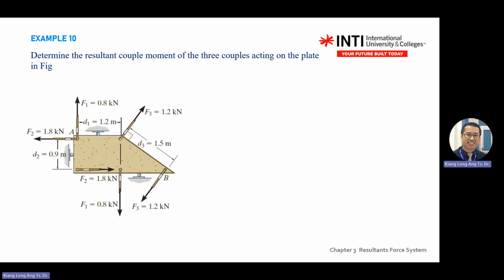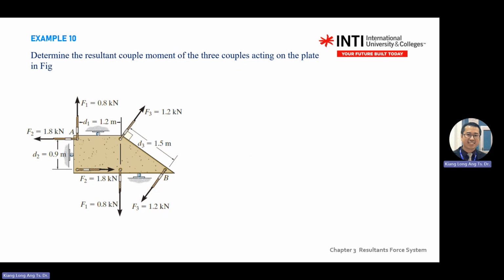The total resultant equals M1 of F1 here. So you take what? 0.8, must be the same magnitude, parallel, different direction of force. So 0.8 multiplied by 0.12, you get one set of moment. This one anticlockwise, this one clockwise, negative, plus F2, 0.8 multiplied by 0.9. This one anticlockwise, positive.